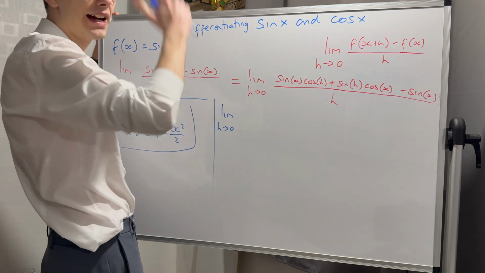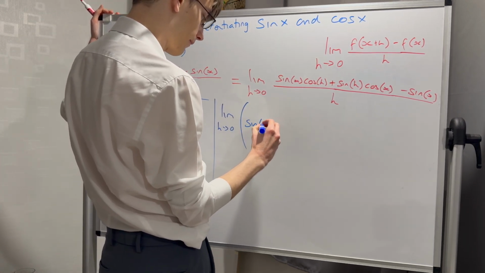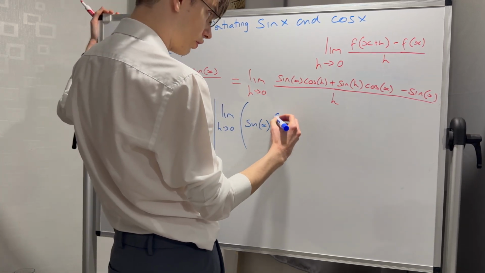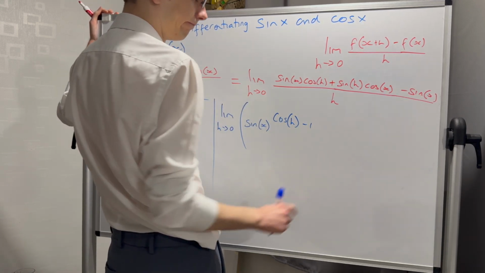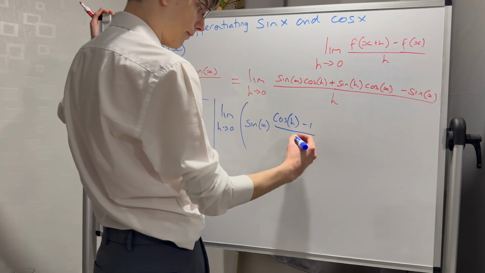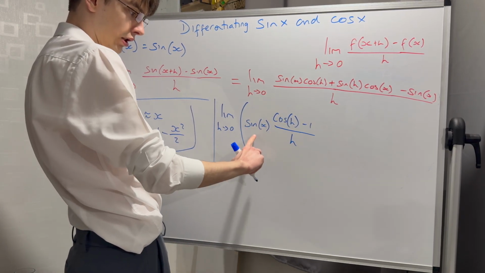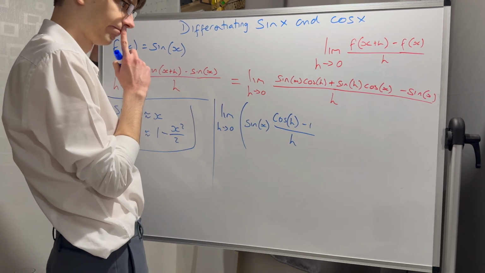And I'm going to factor out a sine x from that. So if I factor out a sine x, I'm going to be left with cos of h minus 1 divided by h. And you'll see again in a minute why I have kept this sine x out, but this is the same as having that on the numerator.